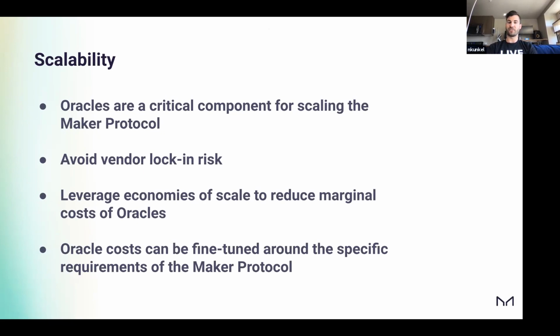And trying to get a vendor to specifically craft a protocol around you, there may be some friction there, but with an in-house Oracle protocol, there are effectively quite aligned incentives, right? If we can make something more efficient for the way that Maker consumes a price, or for the frequency of price updates that Maker needs, we can turn up or turn down the frequency of price updates to meet the cost threshold that the DAO is looking for.